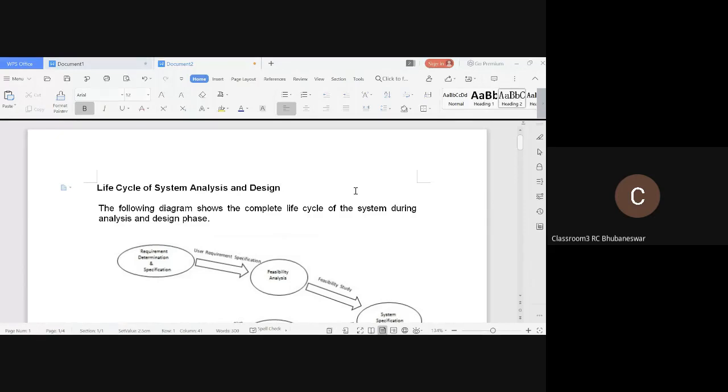So yesterday we discussed the SDLC and two, three real-life examples also.